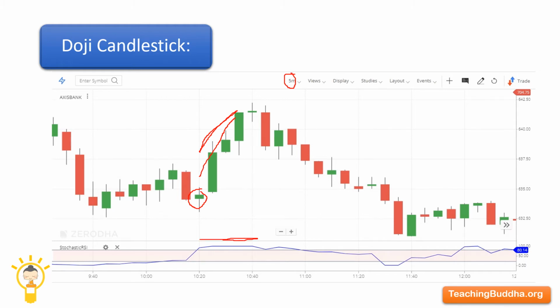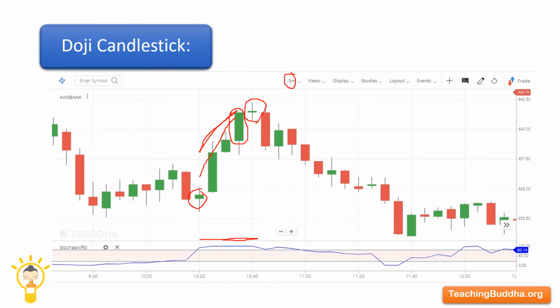At 10:40, there is a spinning top formation here, which has formed exactly at overbought zone. The spinning top candle has formed right after the big bullish candle.